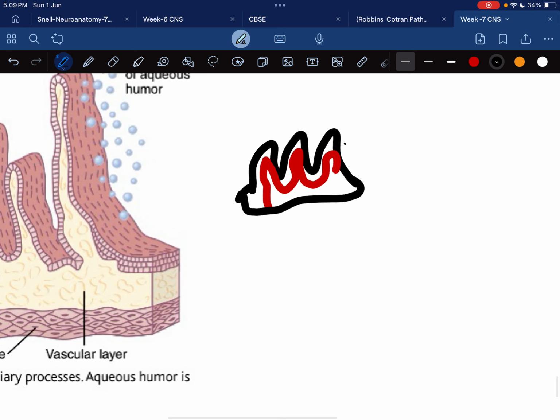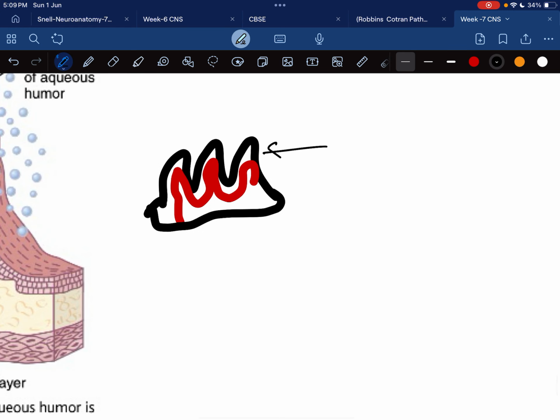The surface area of the ciliary body is 6 cm squared per eye.